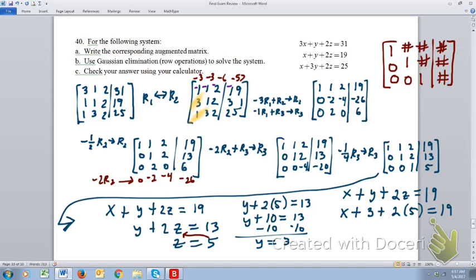So 3 plus 10, that's going to be 13, and we're going to end up getting 6 here. So finally, our final answer, we are going to get the point 6, 3, 5, the ordered triple. And that's going to be it.